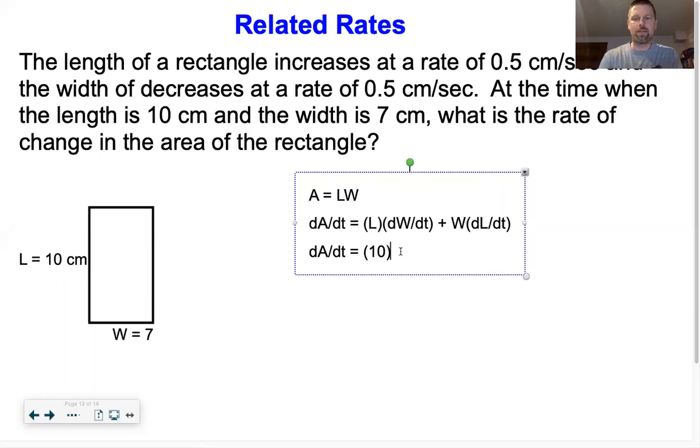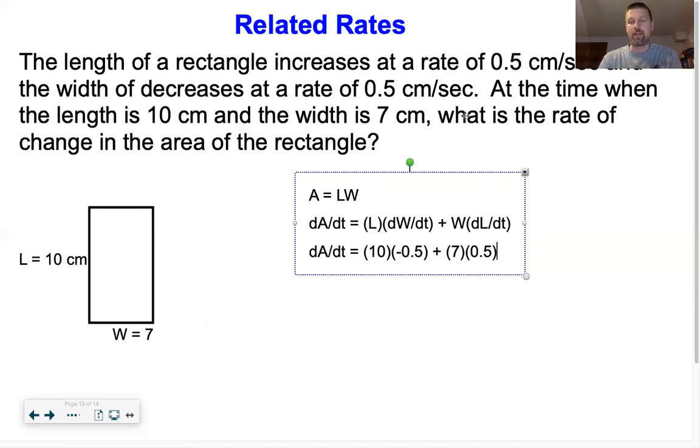So that would be negative 0.5, because decreasing would be a negative change, centimeters per second. Plus, the width is just 7, times dl/dt, that's a change in length, and they told me that's increasing at 0.5 centimeters per second, so 0.5 increase.